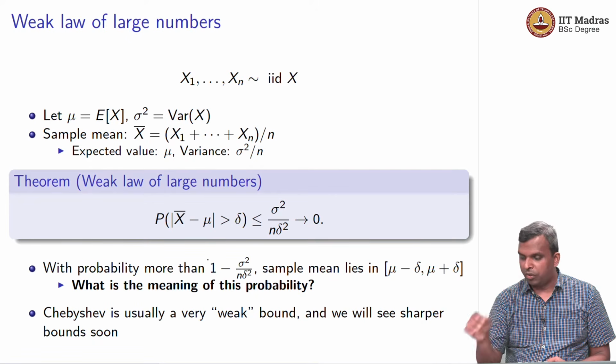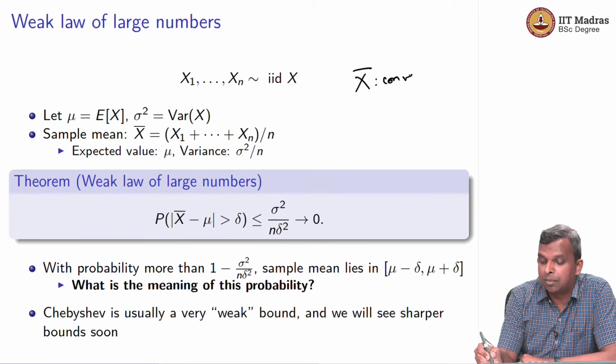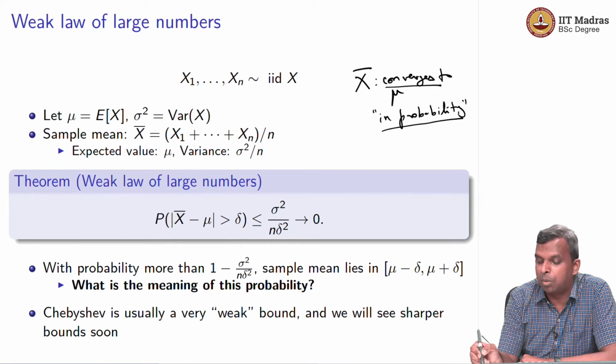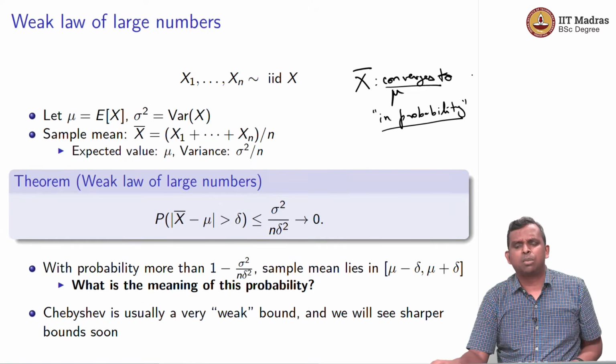Okay, so the weak law of large numbers is often written as x bar converges to mu. People will use this word in probability: converges in probability. These are all technical terms. In this course, we're not going to go into detail of these things, but just remember this.